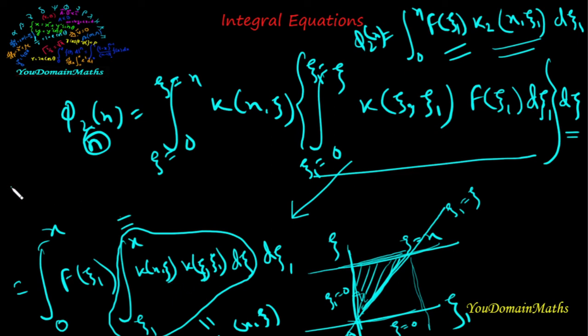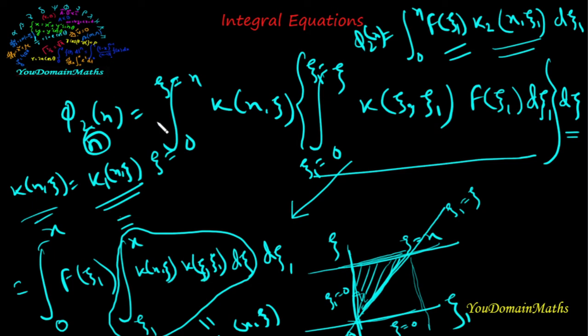The first kernel can be called K1. That means we can write kernel K(x, ξ) equal to K1(x, ξ1). So the first iterated kernel is the same as the iterated kernel that was defined by the recursive relation. This recursive relation can be defined from this.